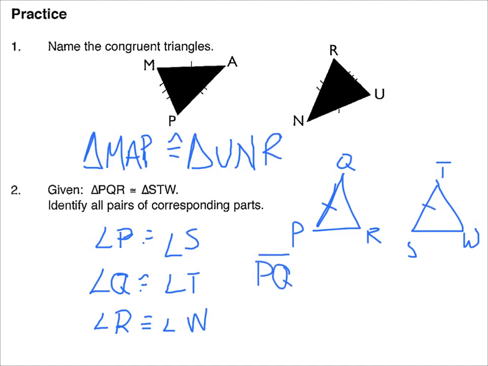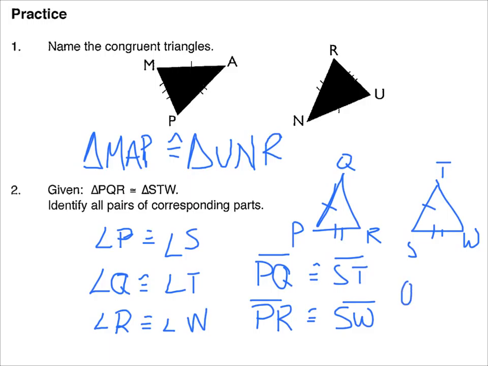PQ is congruent to ST. For the other congruent sides, I've got PR is congruent to SW, and I write it and I put a segment over each one. And then the last one, obviously, is the one that's not marked. It'd be QR is congruent to TW, and I put a segment over it, and I can mark those with 3 lines.